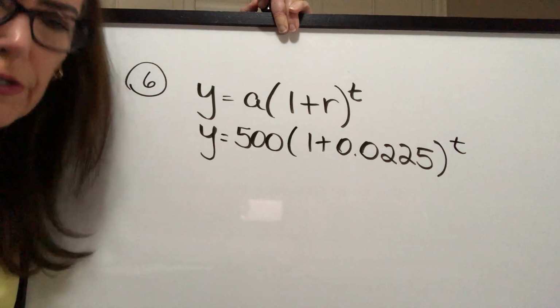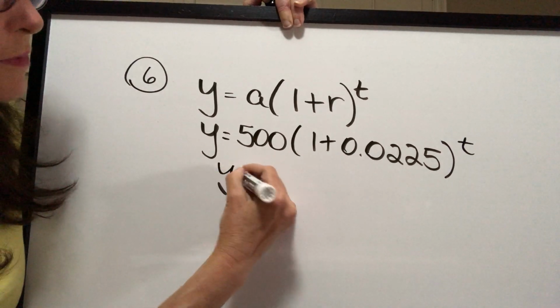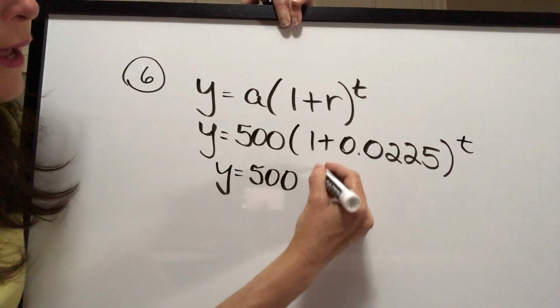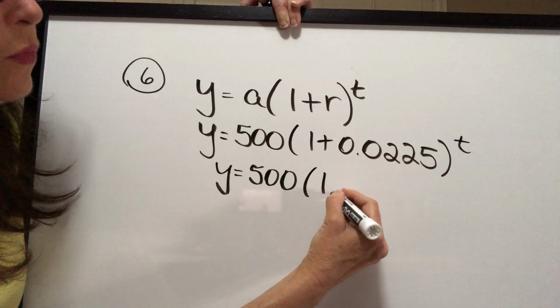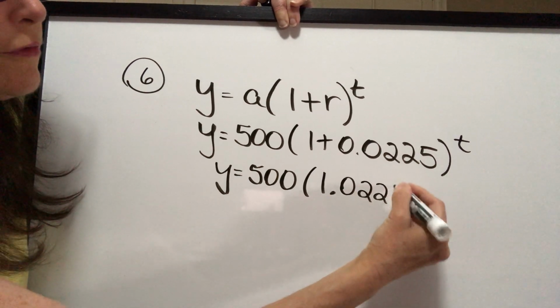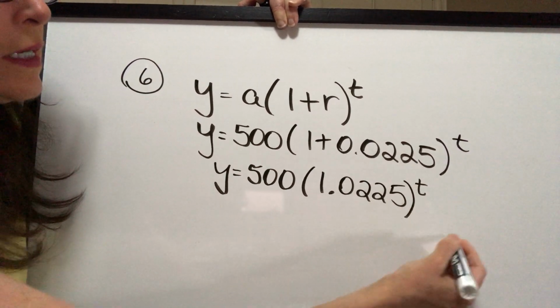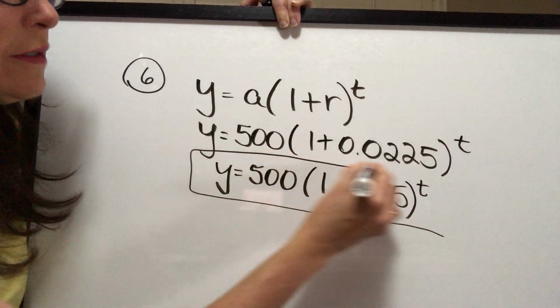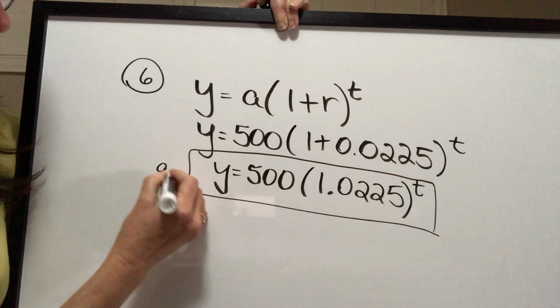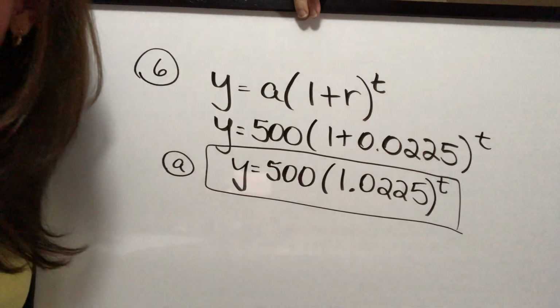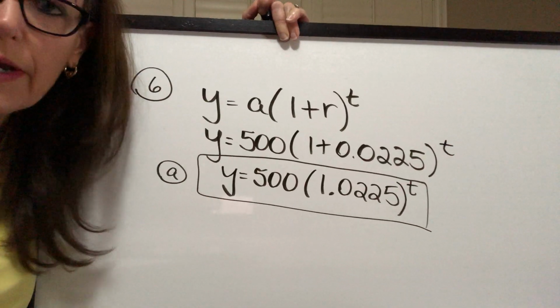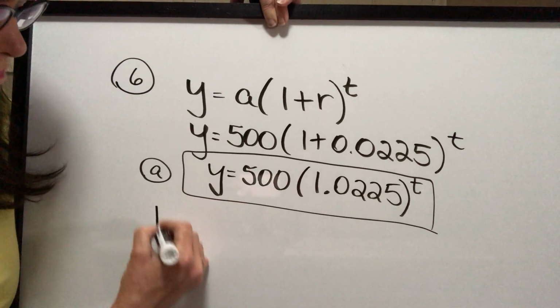That could be any number of years. And I'm just going to simplify this up a tad and add the 1. So it would be 1.0225 to the t. So this would be the equation that you could use for part A, which is the population of bears after any given number of years.